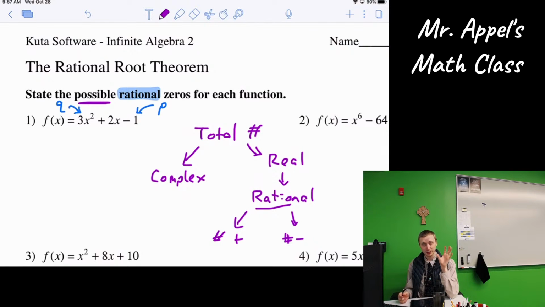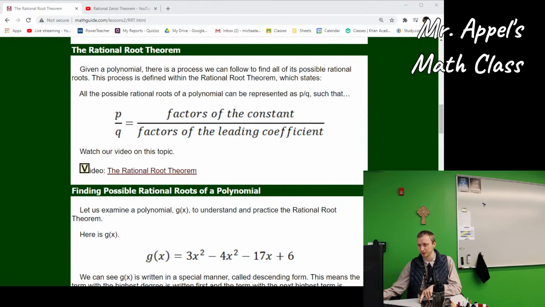So we're going to generate a short list. It might not always be that short. You could be looking at something like 20 different numbers, but that's a lot better than infinity. Now, what we're using here is called the rational root theorem.